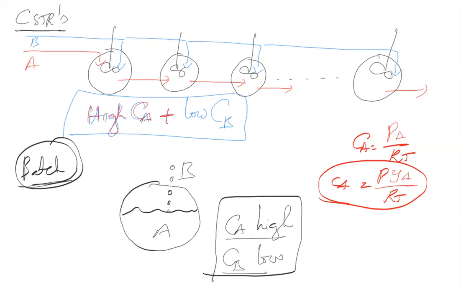So in this reactor, you put a load of A here, and add B in small drops, so that the concentration of A is maintained high and the concentration of B is maintained low.